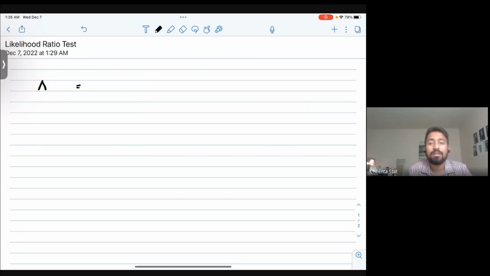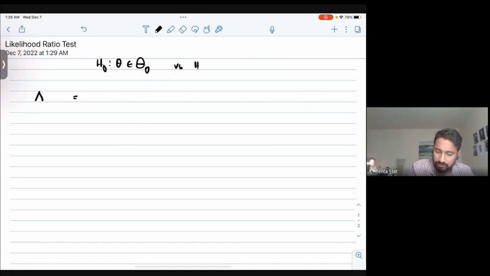First let me define the statistical hypothesis. H0 is that theta belongs to some Theta0, versus H1 is that theta belongs to some Theta1, and Theta is nothing but Theta0 union Theta1.